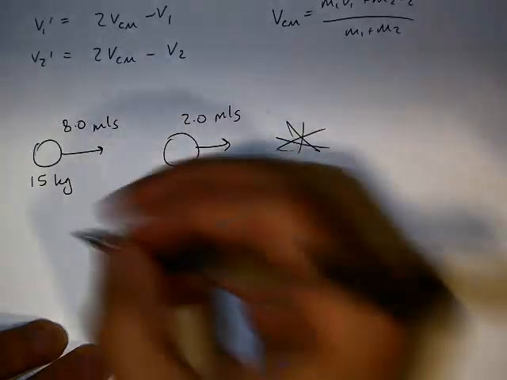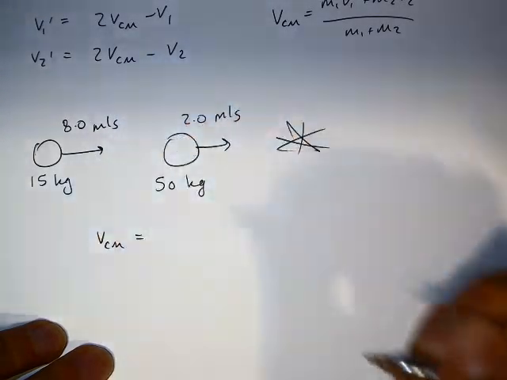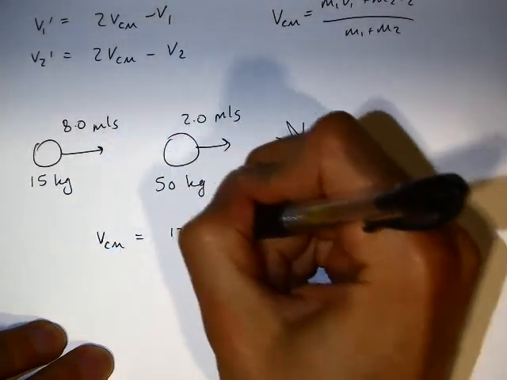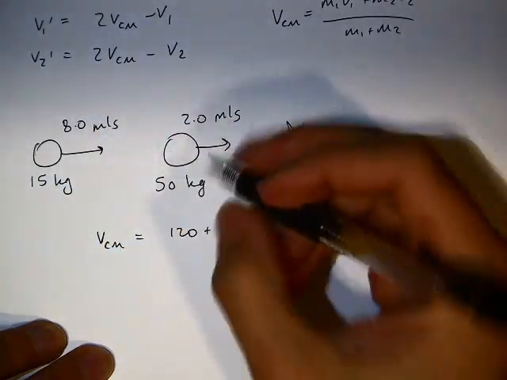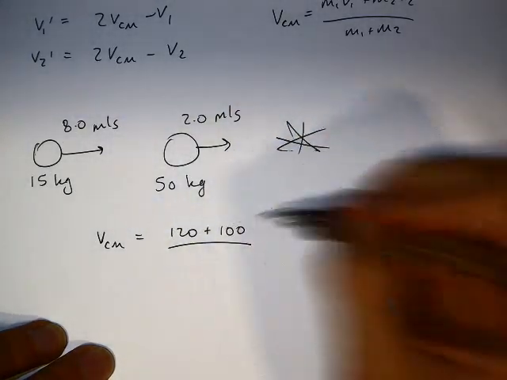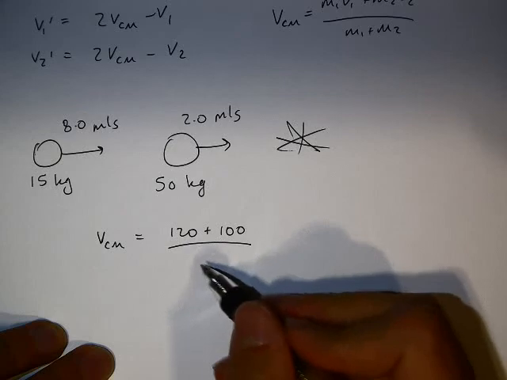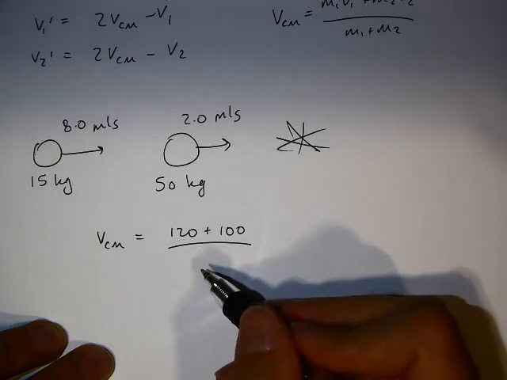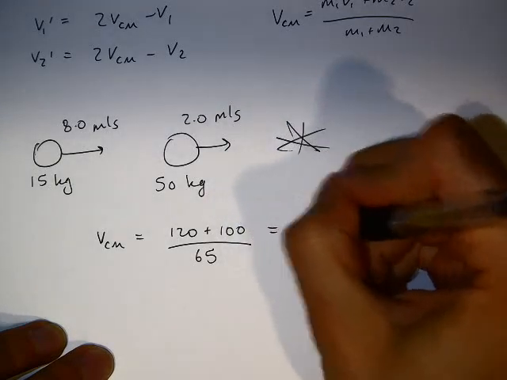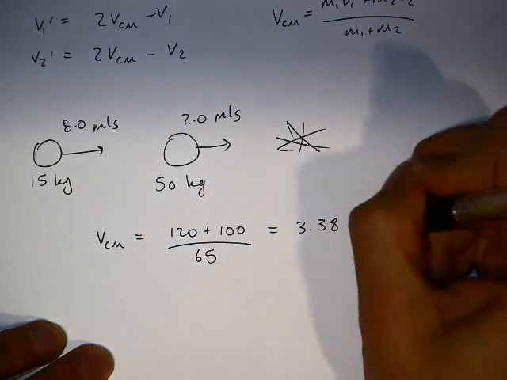Well, the center of mass velocity is 8 times 15, that's 120, plus 50 times 2 is 100. So the total momentum is up on the numerator, and then in the denominator is the total mass, and that's 65. And this thing equals 3.38 meters per second.